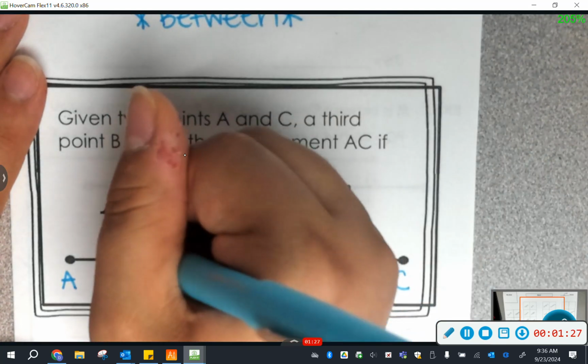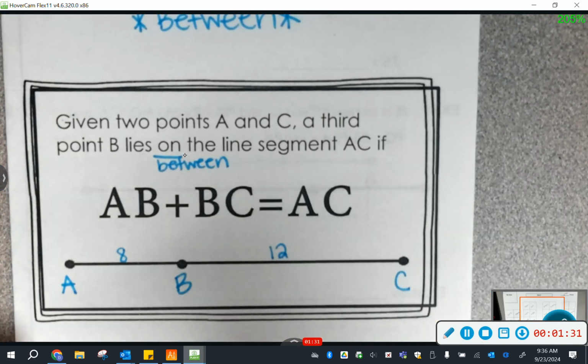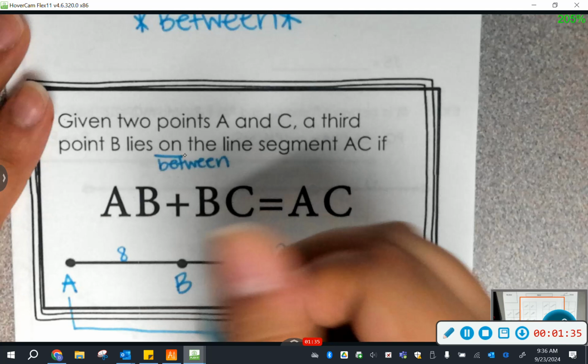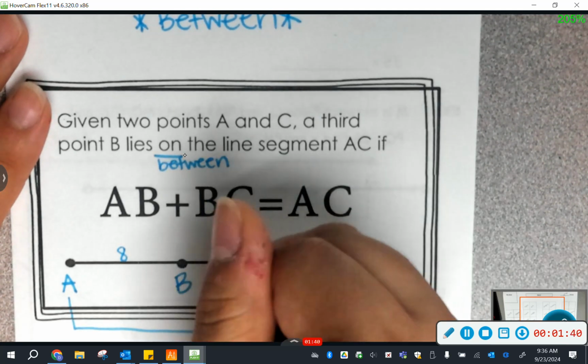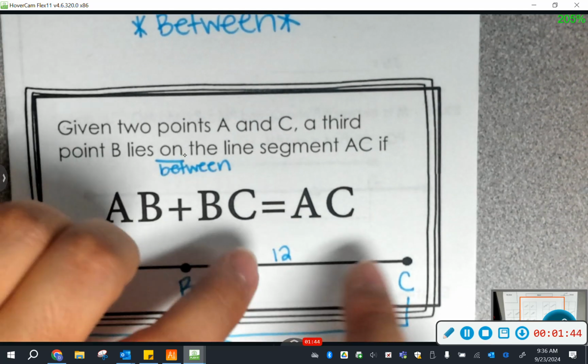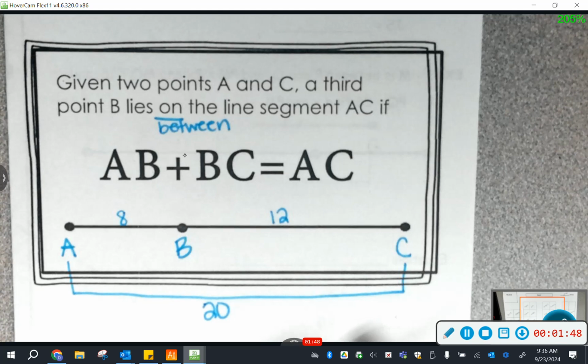If I said AB was 8 and BC was 12, how do you find the whole thing, AC? You add it together. What's 8 plus 12? 20. That's what this is saying. AB is 8, BC is 12, the whole thing is 20.